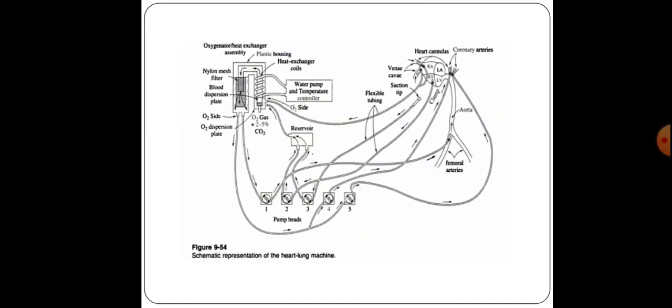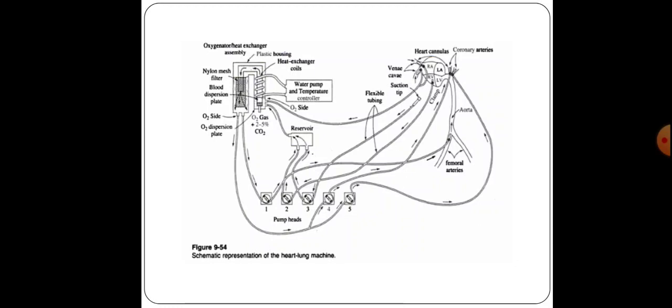We use the nylon mesh filter so that if there is any contamination or other particles present, we filter them out. Then the blood dispersion plate, from which the blood flows, and the O2 dispersion plate is used to provide oxygen again to the heart and to the other parts of the body.